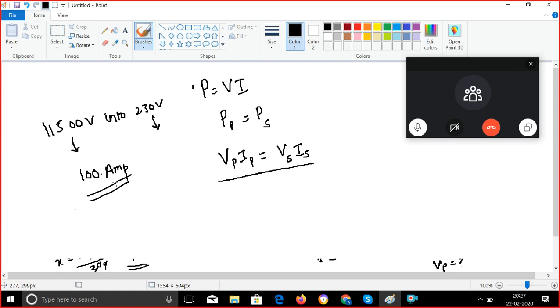We were calculating the current in the secondary coil, weren't we? Yes. So for the secondary coil, I got 5,000 amps. Yes, that's very correct. Now I've sent you the solution for question number 7.